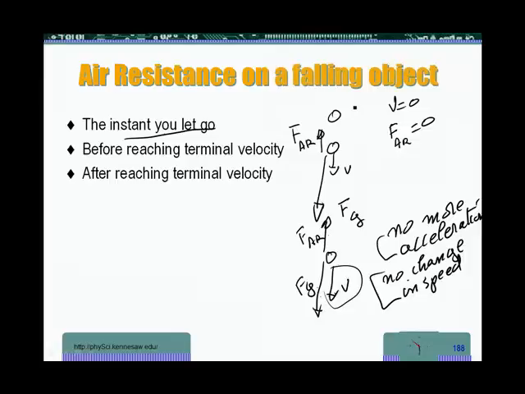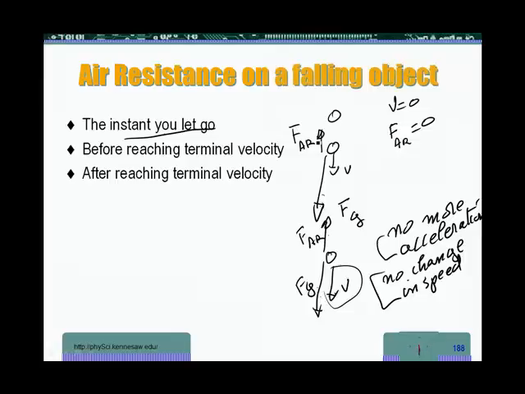We started with an air resistance force of 0, and as the object accelerates, the air resistance force gradually increases as the velocity increases. Whenever it increases, it balances more and more of the gravitational force. As it does that, that reduces the acceleration of the falling object, because Fg minus FR, the net force, is becoming less and less.